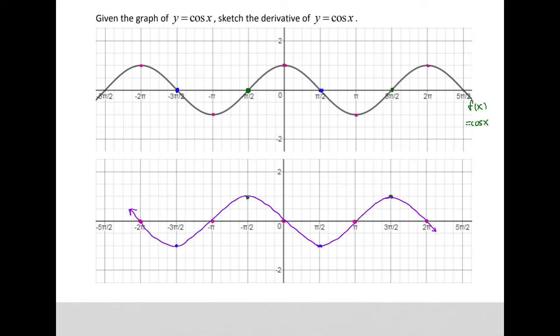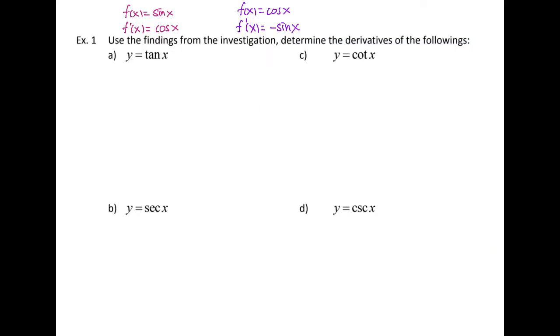After connecting all the points, we see a function very similar to sine, but reflected around the x-axis. We call this function negative sine x. So now we know the derivative of the cosine function is negative sine. The derivative of sine is cosine, and the derivative of cosine is negative sine.